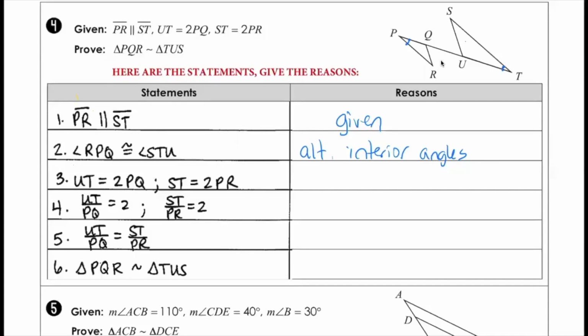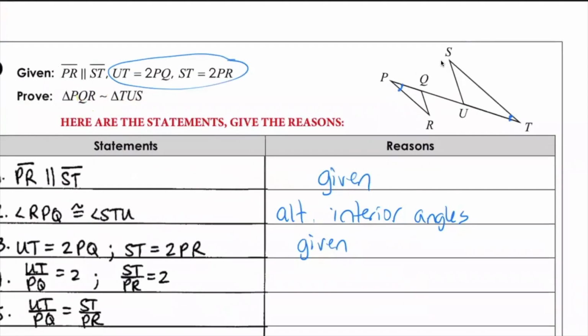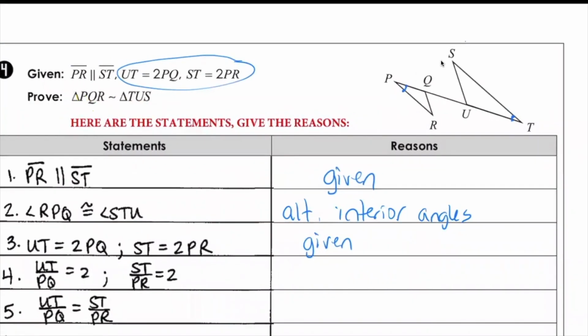And now the next line, easy. That's just from the given, right? Now, do you understand what it's saying, though? It's just telling you that UT is 2 PQs. So UT is double. You look at UT right here. It's double PQ.